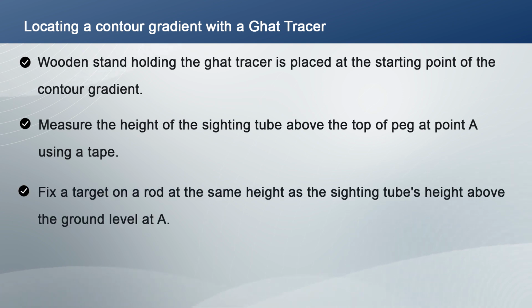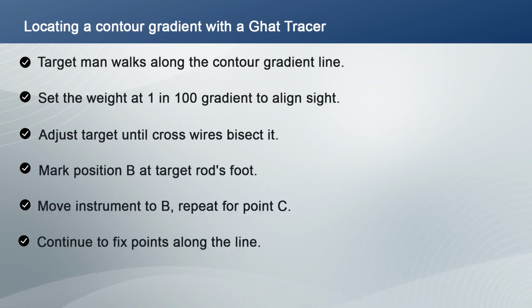A target is then fixed on a rod at the same height as the height of the sighting tube above the ground level at A. The target man is then directed to walk along the line joining the starting and closing points on the contour gradient. The beveled edge of the weight is then kept at the falling gradient 1:100, so that the line of sight of the instrument becomes parallel to the gradient.